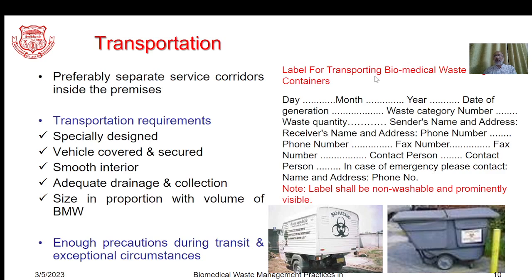This is the label for transporting biomedical waste bags or containers. It clearly indicates the day, the generation, the category number, the quantity, who is sending it, who is expected to receive it, their contact details, and, in case of emergency, whom one should contact.